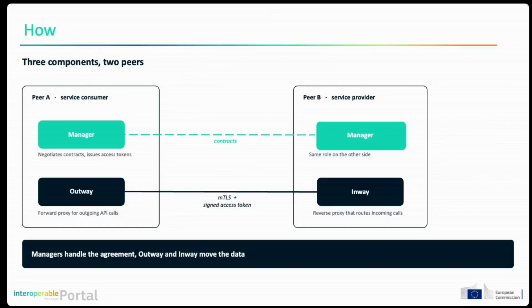And we have managers in every organization, which is a component that negotiates contracts. And this is all automatable. So it can be done with scripts, with APIs. And if you want a new connection between two organizations, FSC allows you to set it up as quickly as in seconds instead of weeks or months.